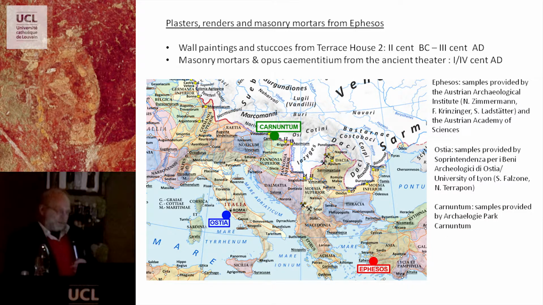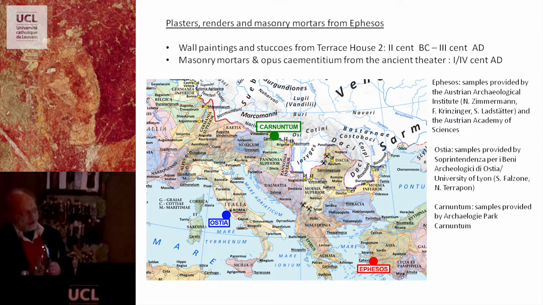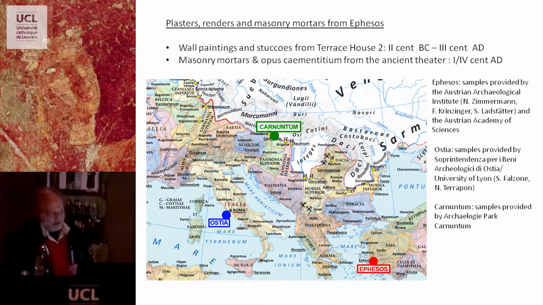But in the 2000s, mainly through Norbert Zimmermann, they started to study their wall paintings in Hanghaus 2, which I will show you shortly, and there was one master thesis, which has never been published, which studied quite a lot of these samples.